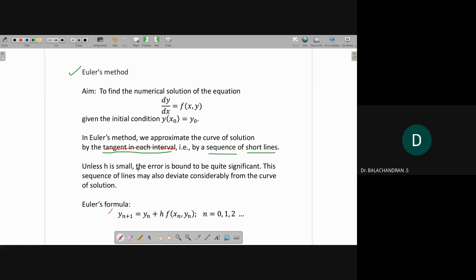Unless h is small, the error is bound to be quite significant, and this sequence of lines may deviate considerably from the curve of solution. So Euler's formula is yn plus 1 equal to yn plus h into f of xn comma yn, where yn plus 1 depends on the previous iteration value, the h value and the function value in the previous iteration, and n varies from 0, 1, 2, 3, etc.